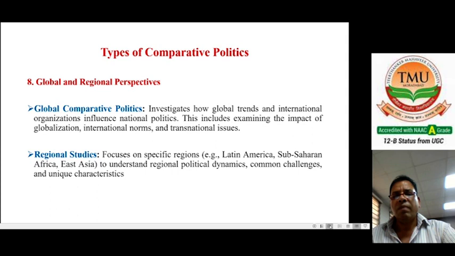So these are very important challenges, and these types of issues are coming up in day-to-day life, and we are studying them in comparative politics as global issues. We are also facing transnational issues, corporate issues, migrations, and one of the important challenges before us is the climate challenge, or maybe we call it the environmental issue.